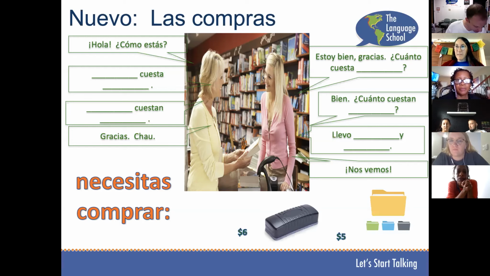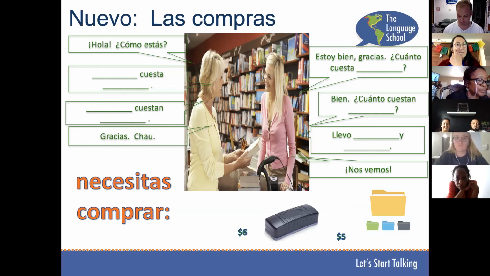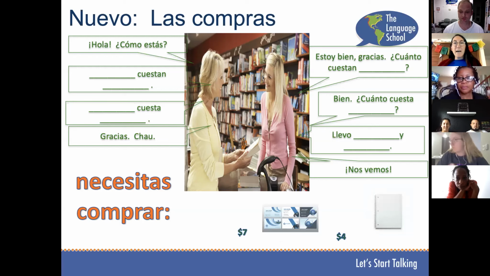All right, last one. Let's go with Emily and Daisy. David, ¿puedo hacer una pregunta? Sí, por favor. Okay, on this, when you have them written out, you have some that have cuesta with an N at the end and some that don't. Is that on purpose? Yeah, it has to do with whether you're buying something that's singular or plural.